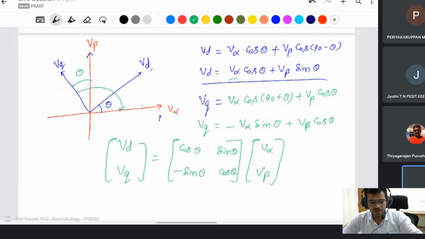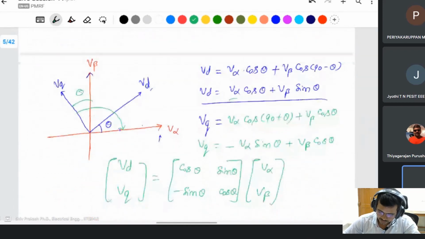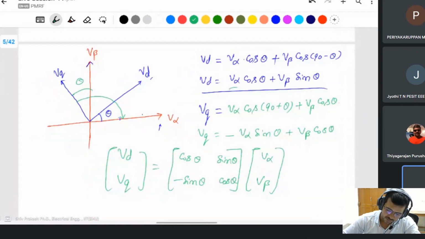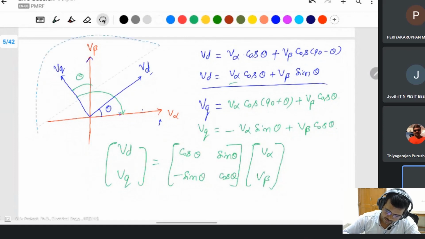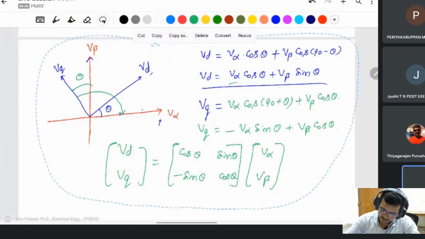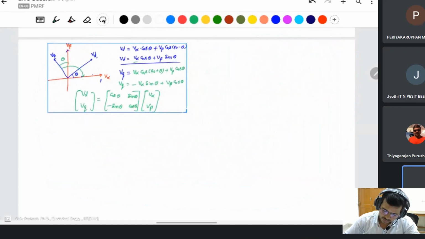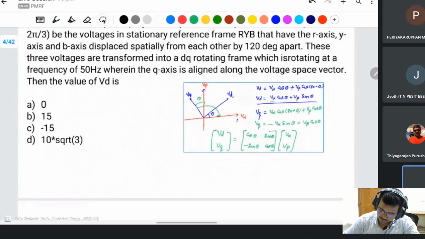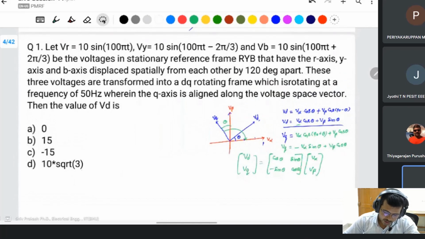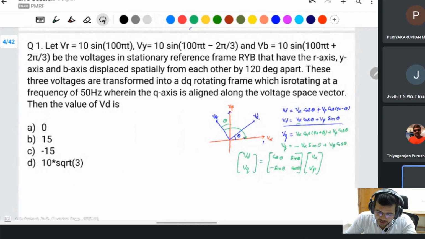Now I have taken the question. What is the question? Let VR, Vy, Vb be a three-phase system: VR is 10 sin 100 pi t, Vy is 10 sin 100 pi t minus 2 pi by 3, and Vb is 10 sin 100 pi t plus 2 pi by 3.